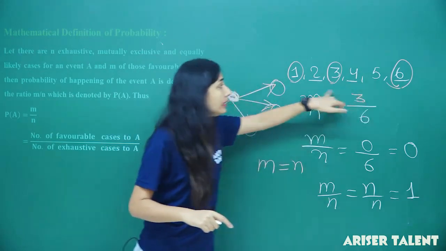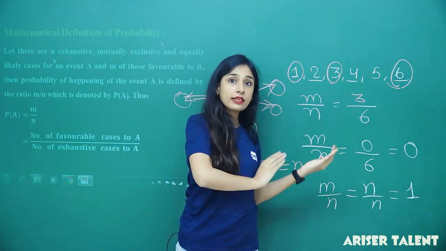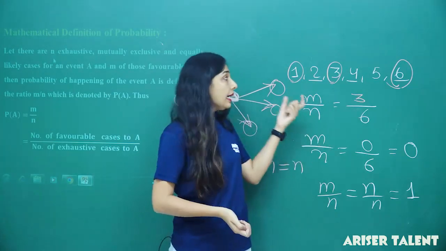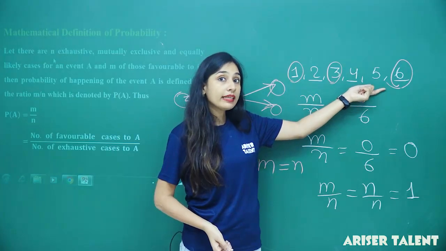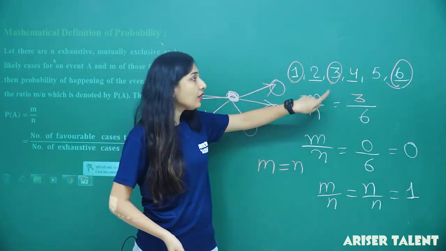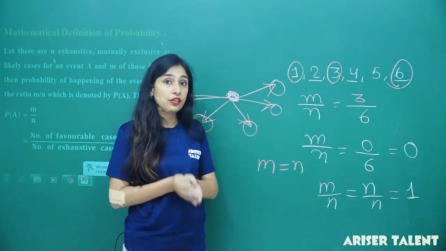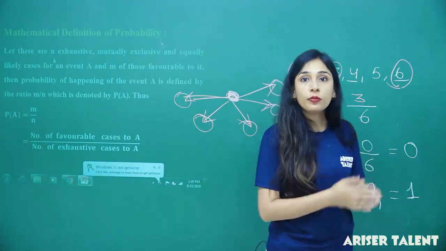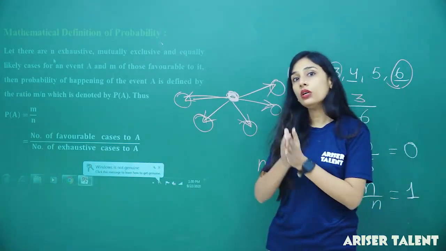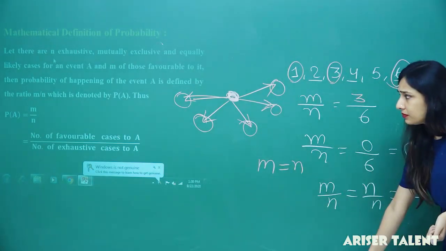So all these 6 numbers are either less than 6 or equal to 6. So in each and every case, I'll get the required condition. So that will be M equals 6 and N equals 6, and that will give you 1. So minimum value 0, that cannot be negative, maximum value is 1. Got it?